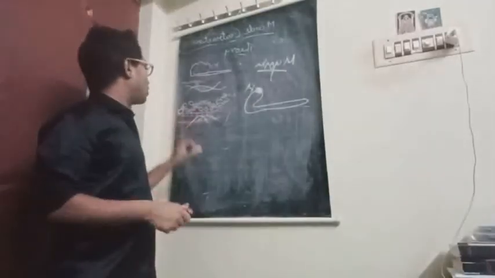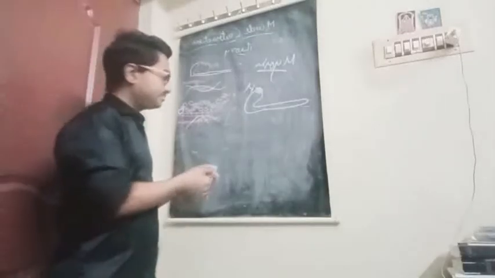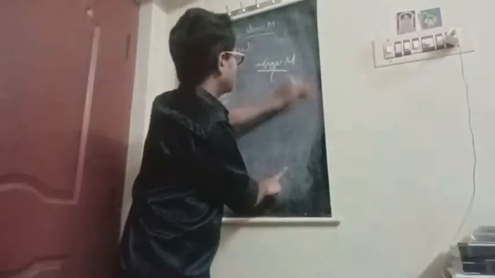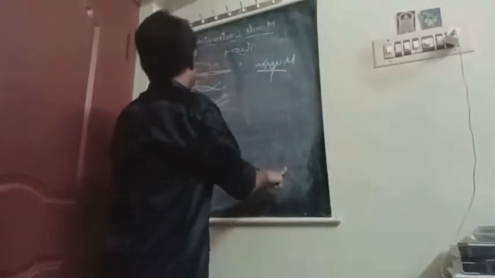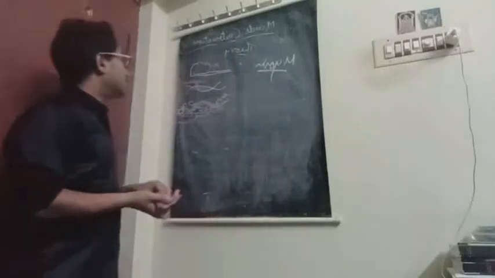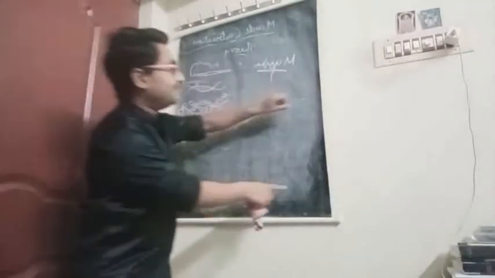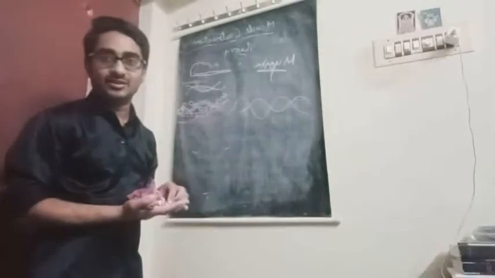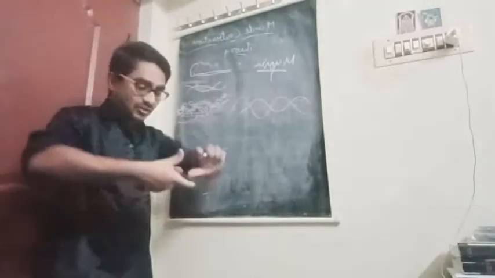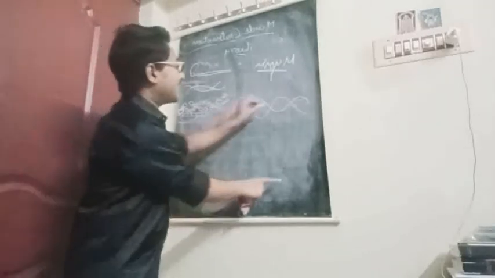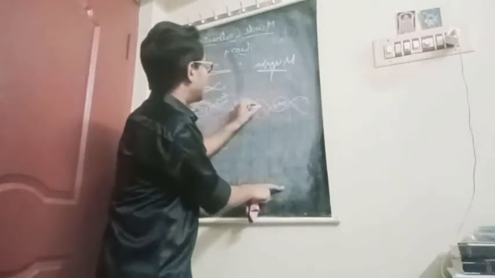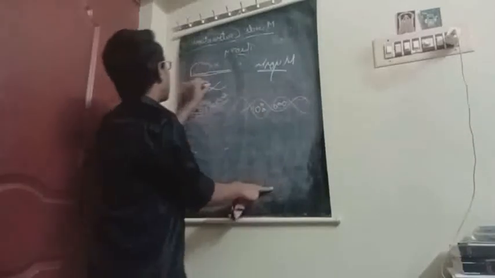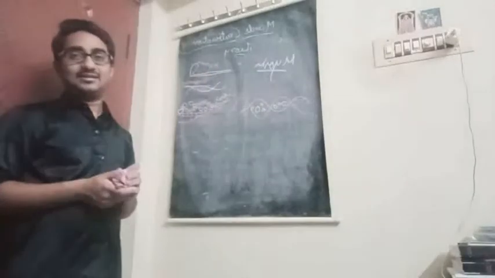Coming to the tropomyosin and troponin. Consider this is the actin filament. In between the twinkled actin filament, there are some globular proteins, and these globular proteins are the troponin.